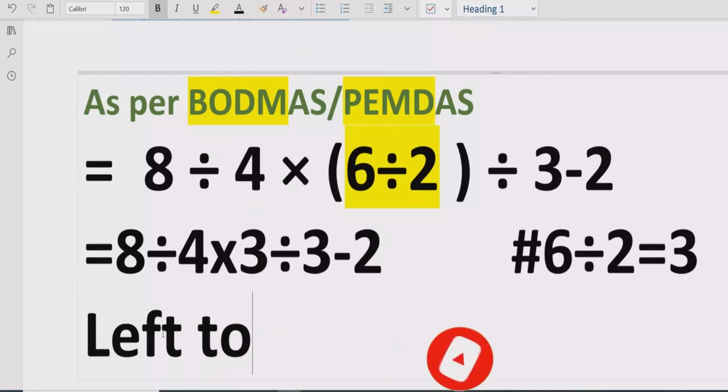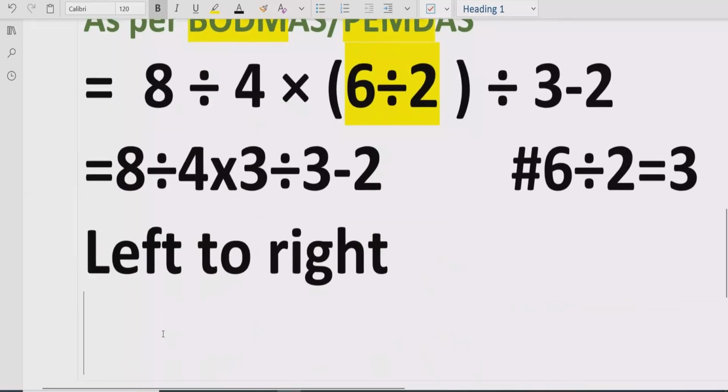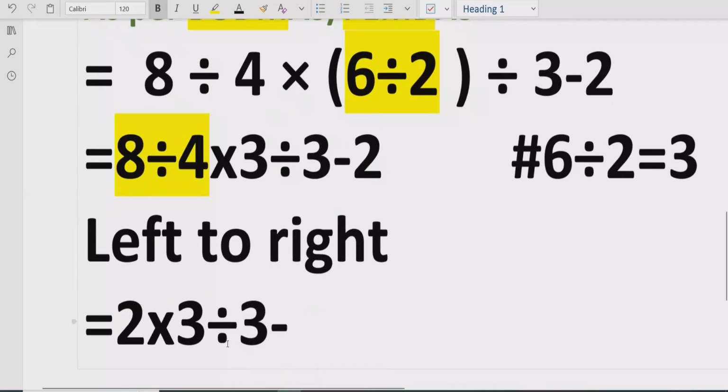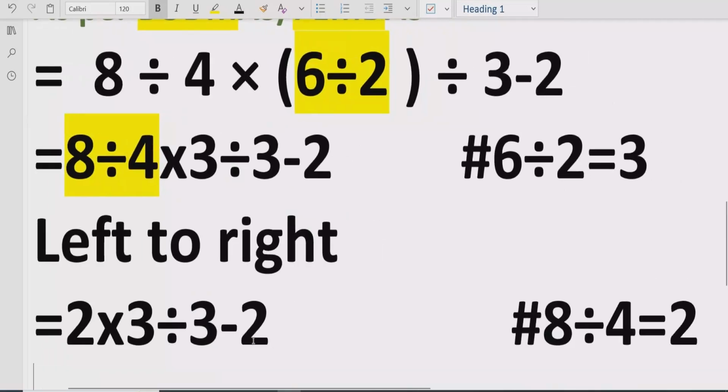We have to go left to right in this expression and find which is coming first. First we have 8 divided by 4 which is equal to 2. Multiplied by 3 and divided by 3 minus 2, we will write here as it is. And here we give the reference: 8 divided by 4 equals 2.